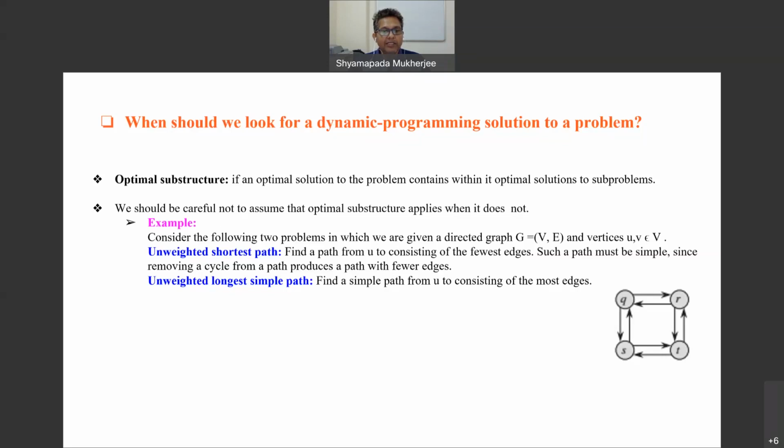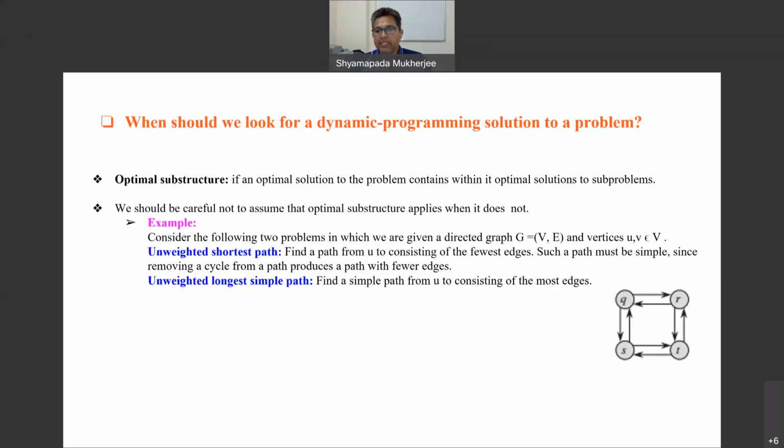So let's take an example. Suppose we have one unweighted directed graph. We want to find the shortest path between any two vertices. That is one problem, and another problem is the unweighted longest simple path. So the first one is shortest and the second one is longest.